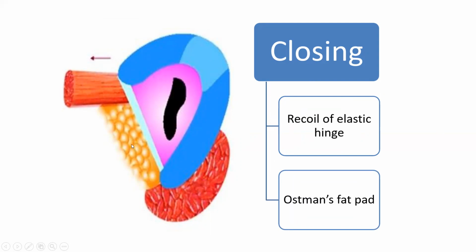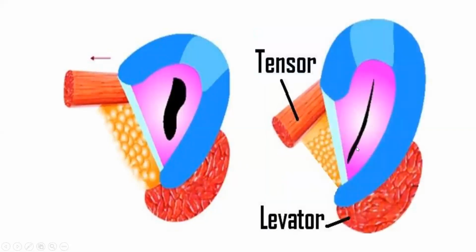The other one is Ostmann's fat pad. Ostmann's fat pad is stretched here. So once the contraction is released, this will recoil back to its original structure, thereby closing the lumen of the Eustachian tube. So this is how opening and closing of the Eustachian tube happens whenever we yawn, sneeze, chew, swallow, or during forceful inflation.